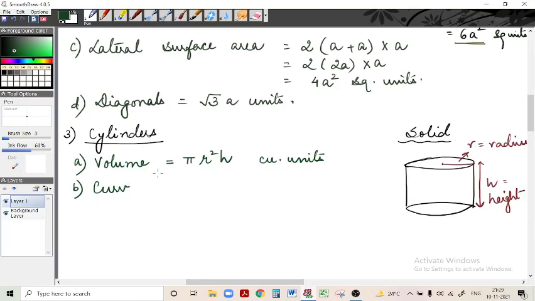As in the case of cuboid and cube, we said lateral, but as this is circular, we will say curved surface area. Curved surface area will be equal to 2 pi r h square units.